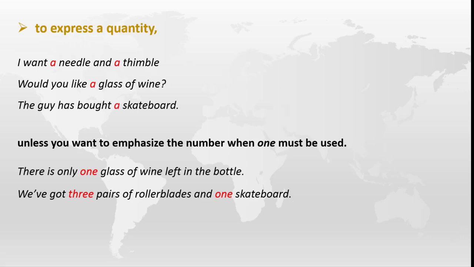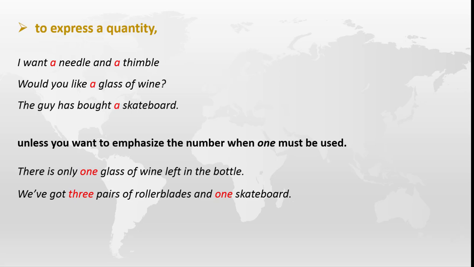Next one. The guy has bought a skateboard. But there is a point to pay attention to here. You can use number 1 instead of a when you are emphasizing the quantity 1 and not more. Or when you are comparing two numbers. For example, there is only 1 glass of wine left in the bottle.